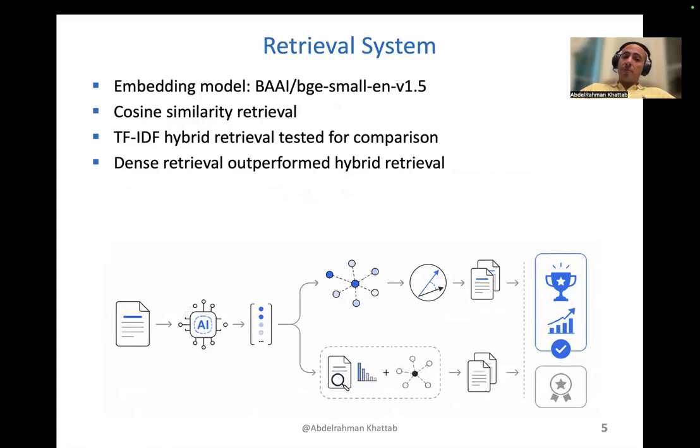It uses cosine similarity retrieval, but also for checking, I added a hybrid retrieval using TF-IDF just for comparison. The dense retrieval outperformed the hybrid retrieval, and this is what we can see now in the system itself that I created.